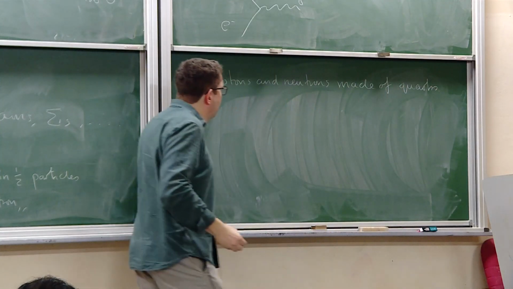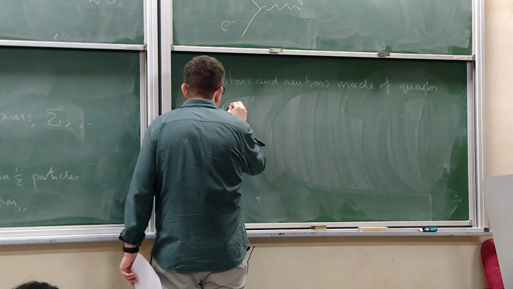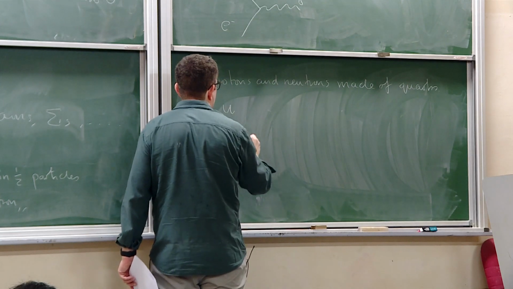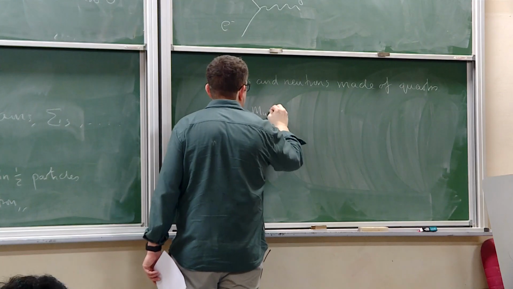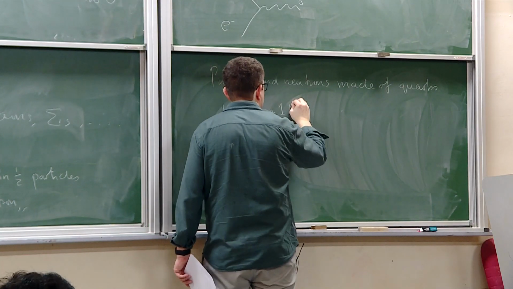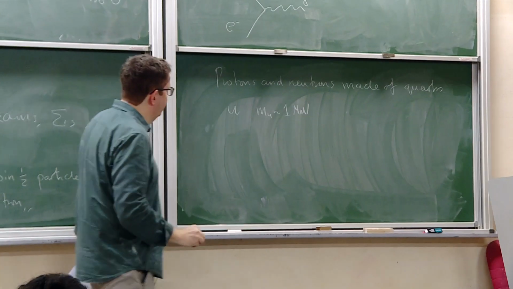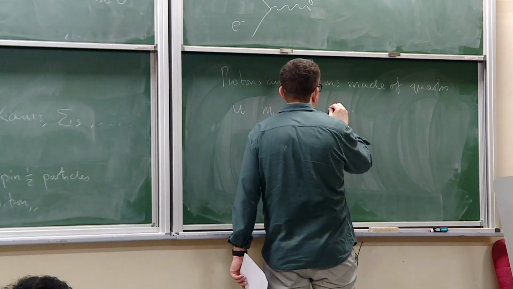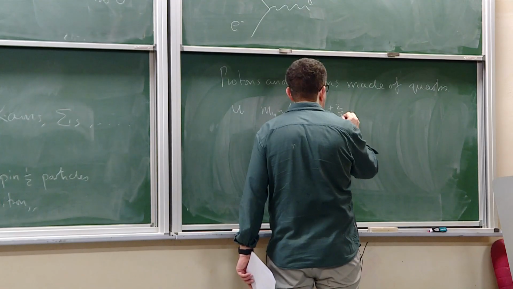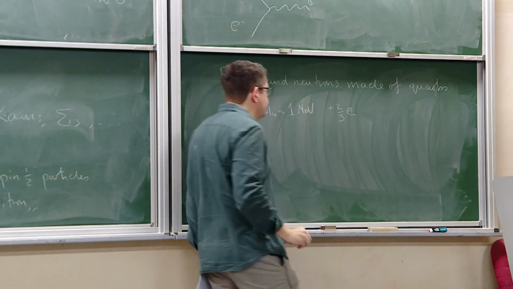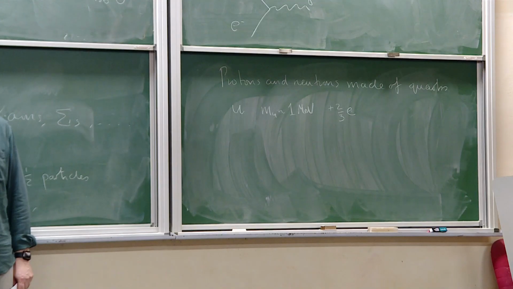Okay. And what these quarks were, so an up quark, very light, about the same as an electron, a little bit heavier. It also had a charge, but the charge was plus 2/3 of the electric charge, okay?